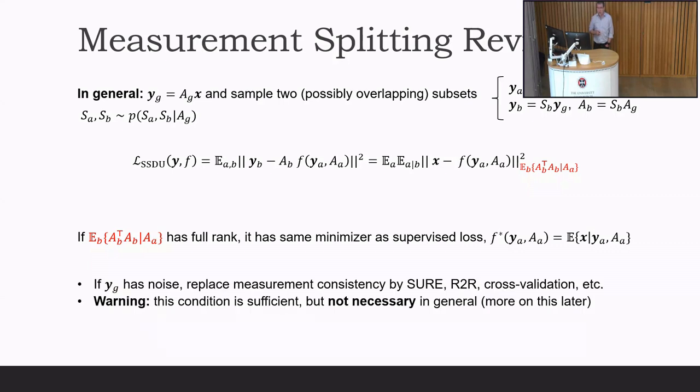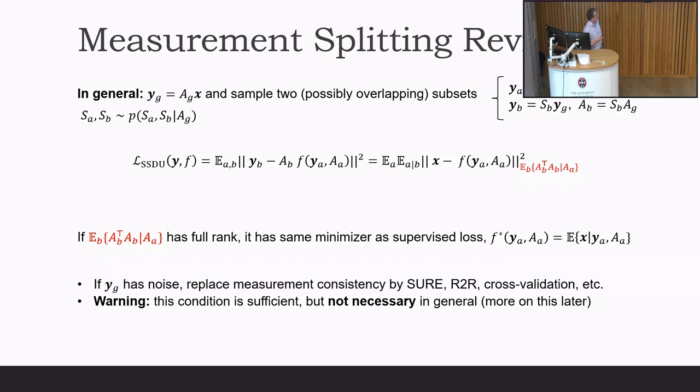I should stress that if there is noise in the data as well, so here we've set this out in terms of pure noiseless measurement operators, then I can replace this expectation term here with an appropriate Stein's loss or one of the reconstructed losses that was discussed in the last part.